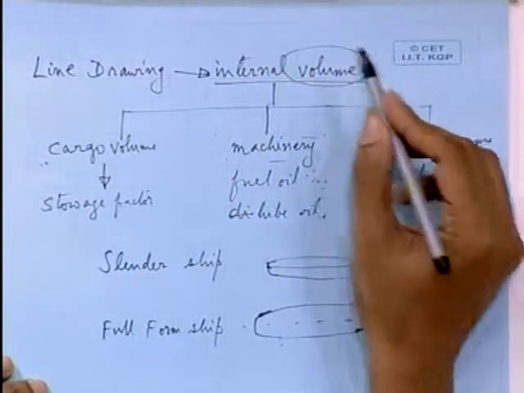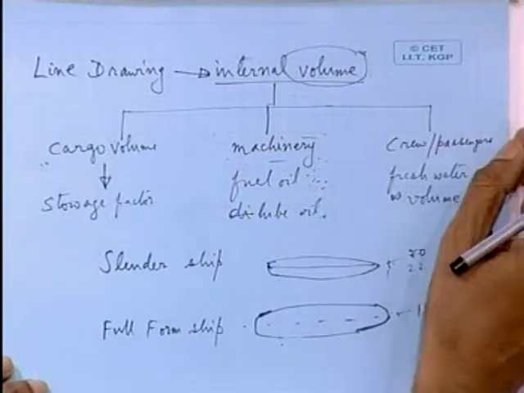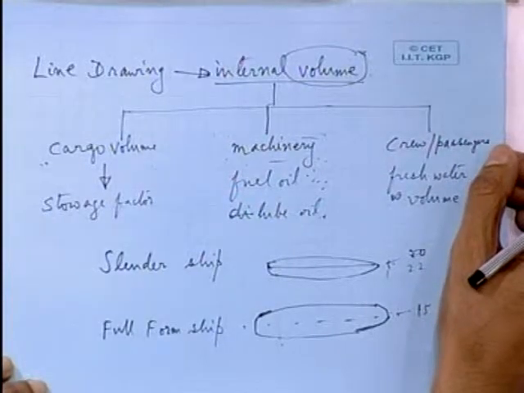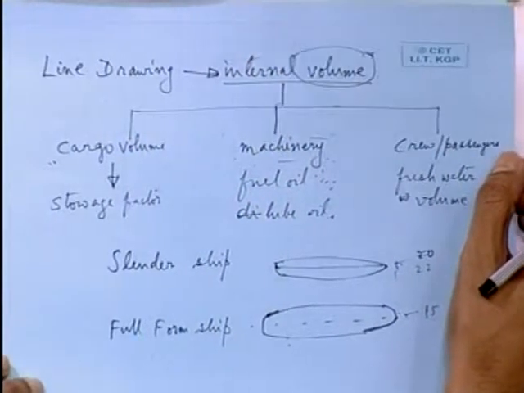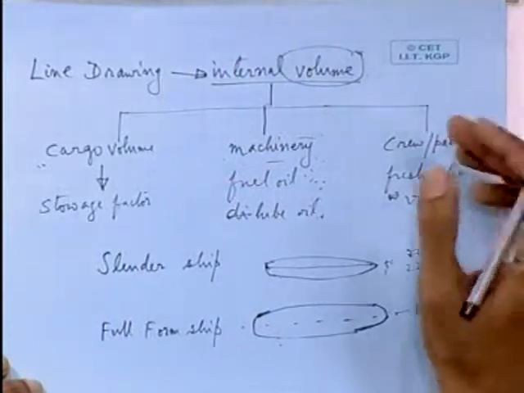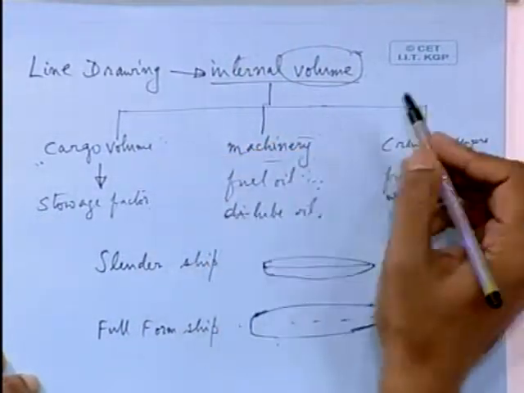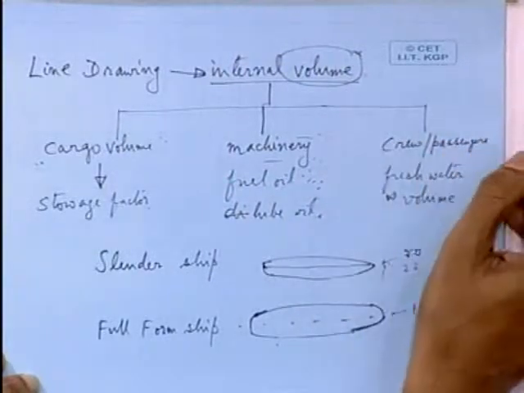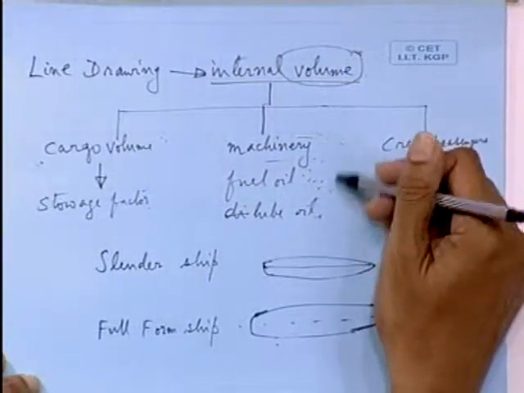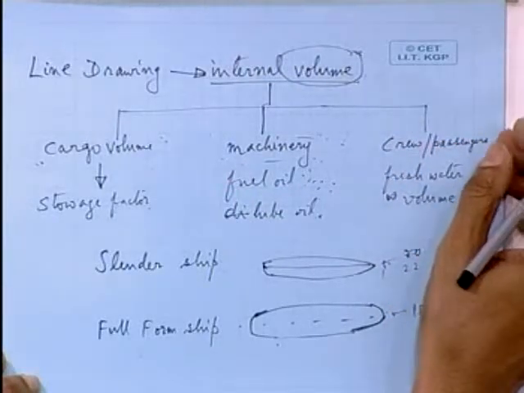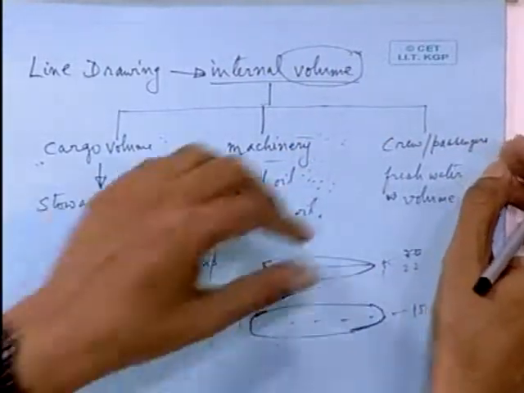So here you will find that the ship design process, of which lines plan is a part and a very crucial component, goes through a number of iterations. That means, once the contract has been finalized, the naval architect tries to play around with these volumes. He passes the ship design process through what is called a design spiral.